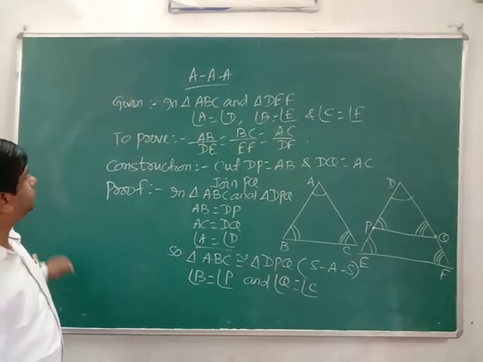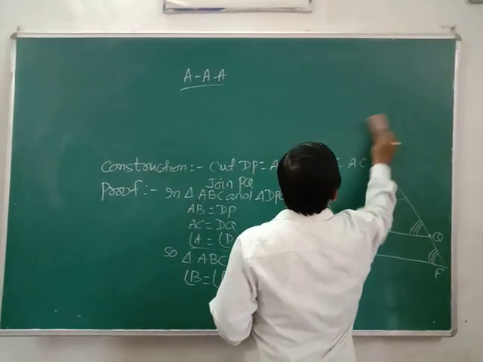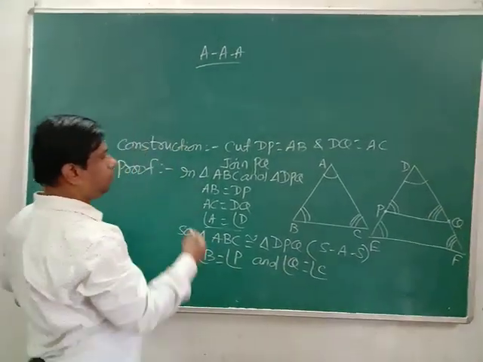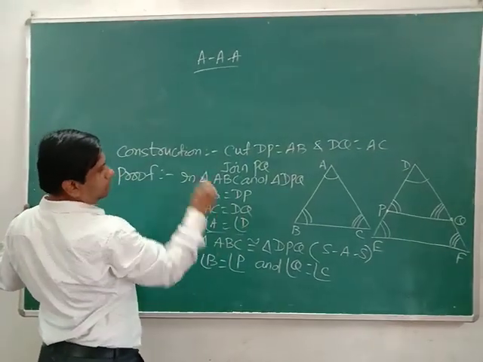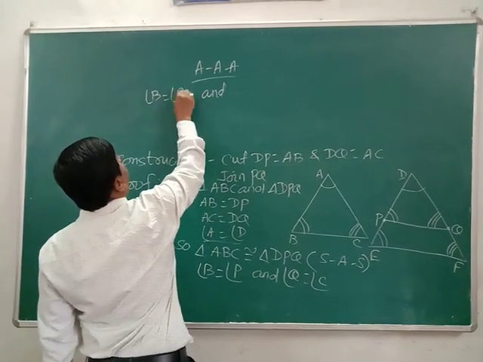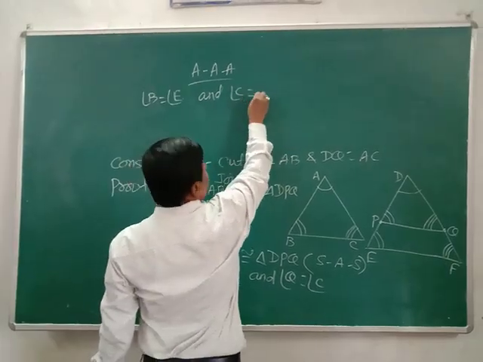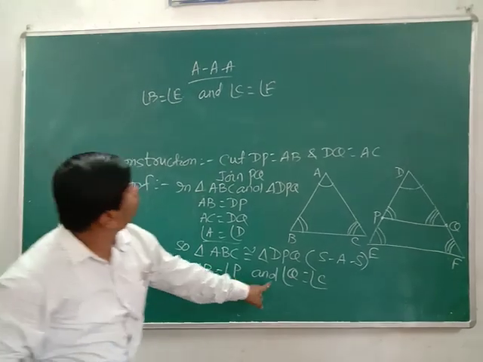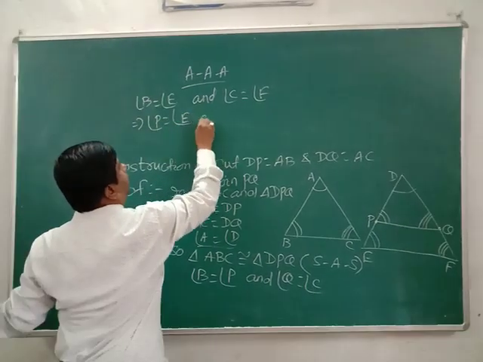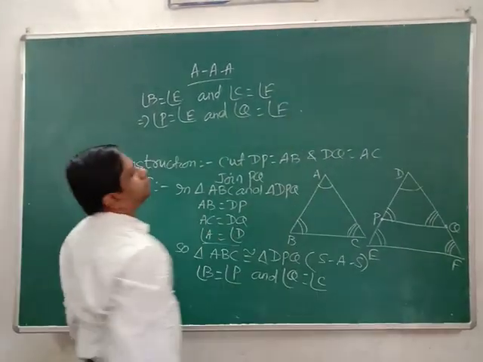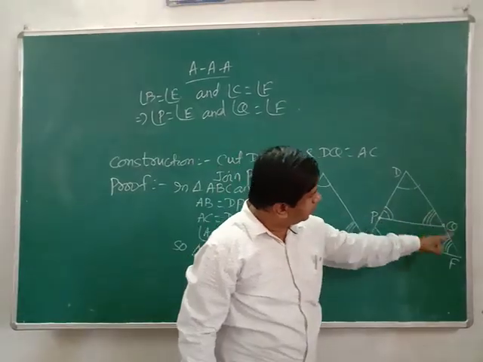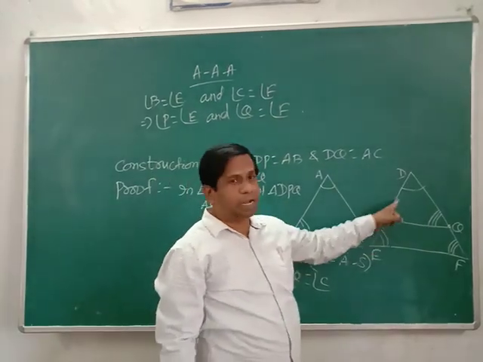You understand? So angle B is equal to P and angle Q is equal to C. But before it is given that angle B is equal to angle E and angle C is equal to angle F. You see, B is equal to P and Q is equal to C. Here B is equal to E and C is equal to F. So from this I can write angle P is equal to angle E and angle Q is equal to angle F. But what type of angles they are?